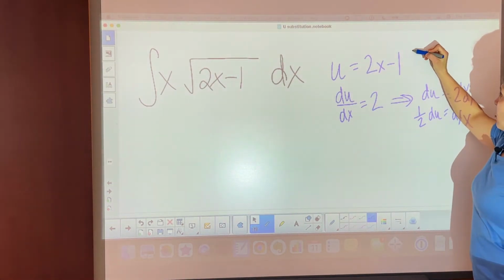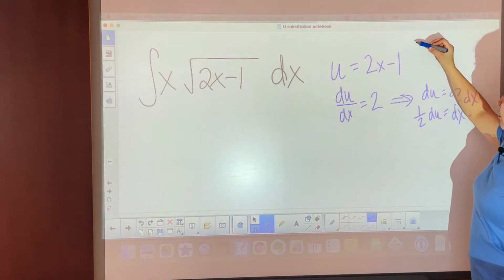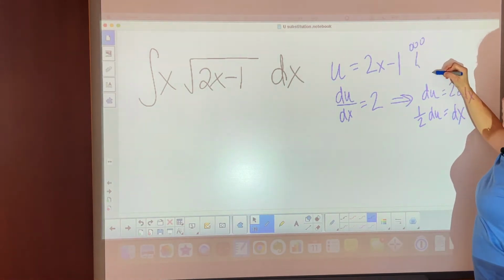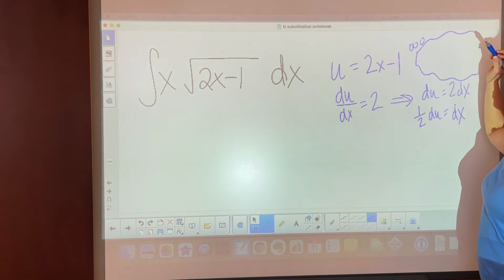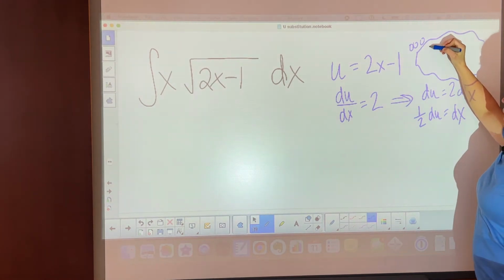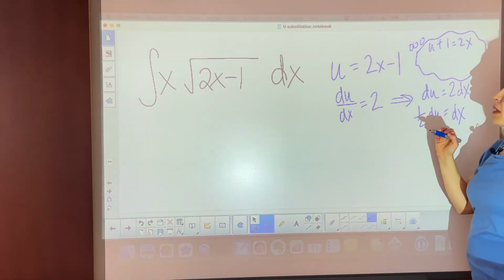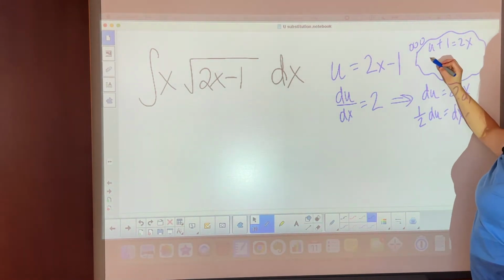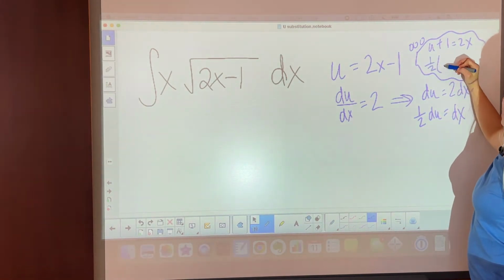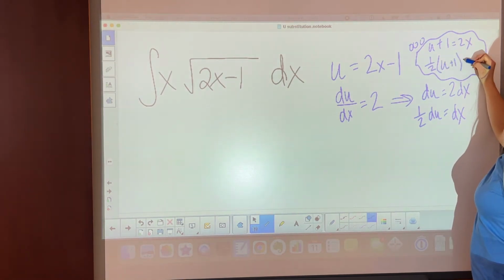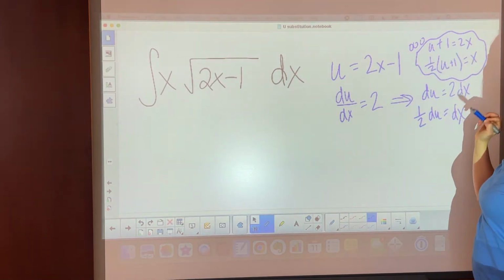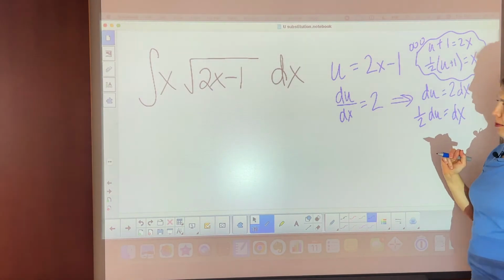And then up here, you can also solve for x, because we're going to need to replace that as well. So when you solve for x over here, I'm going to add 1 to the other side. Now I'm going to divide both sides by 2, and I'm just going to make this 1/2 times u plus 1 equals x. That way I don't have a super messy fraction.